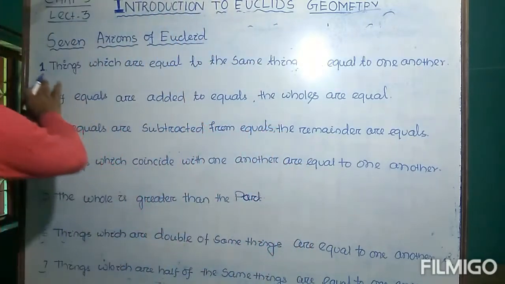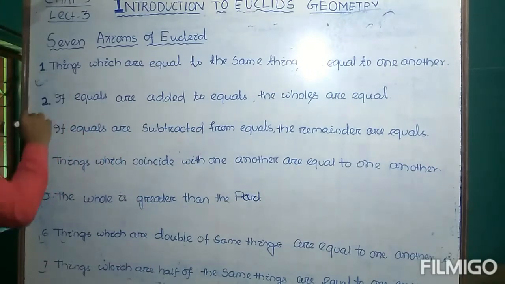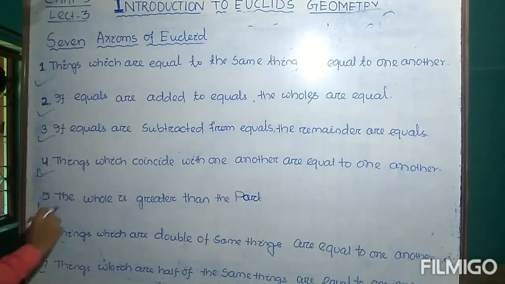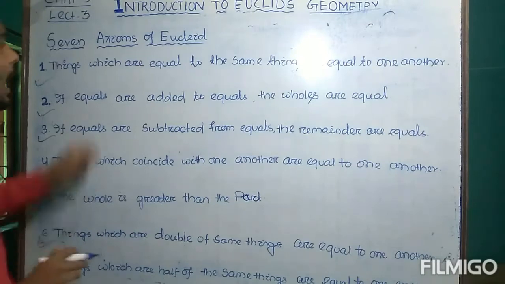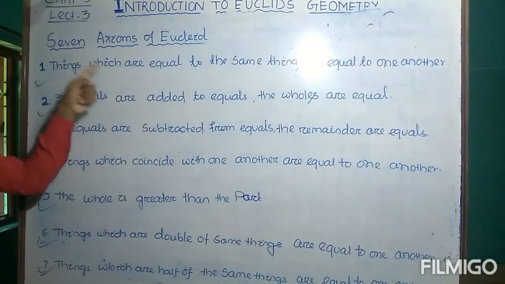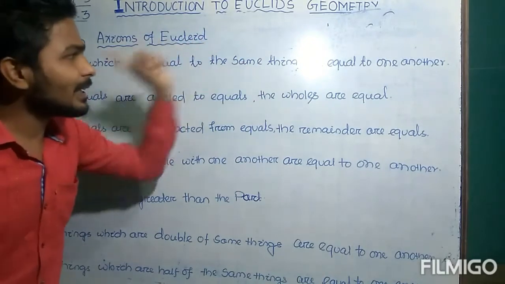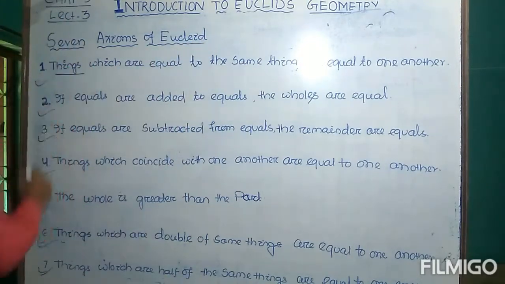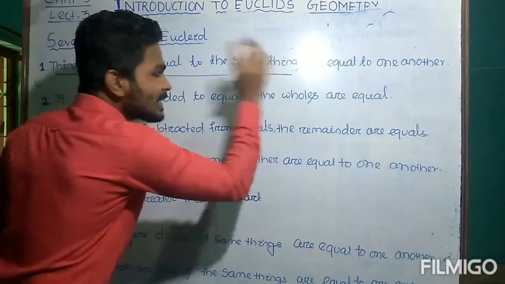As I have told you, Euclid has given 7 most important axioms, out of which the first axiom is: things which are equal to the same thing.